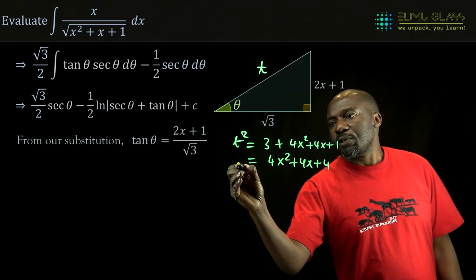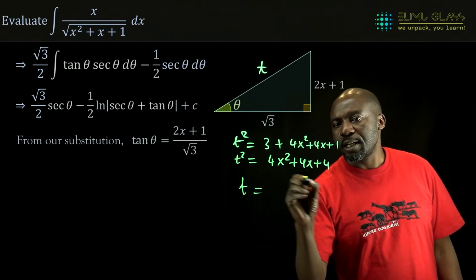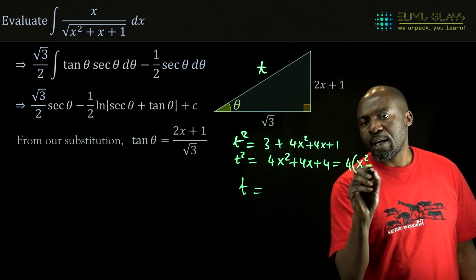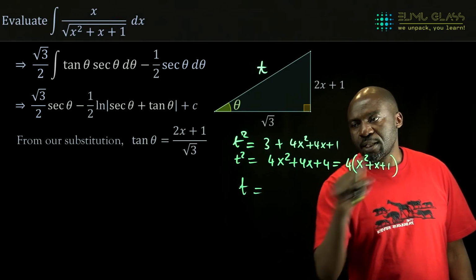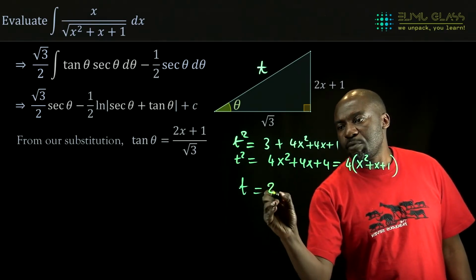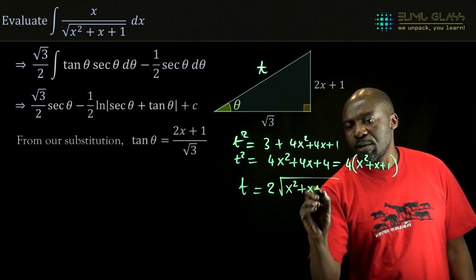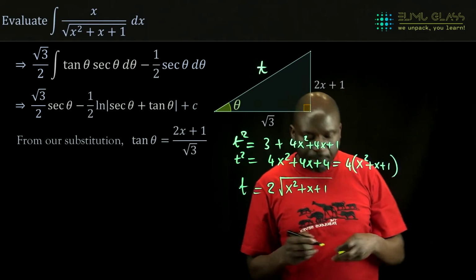So this is t squared, so t has to be the root, and I can write this as 4 into x squared plus x plus 1. If I find the square root of this to find t, then I end up with 2 square root of x squared plus x plus 1. And this is the value of t, so this must be the value of the hypotenuse.